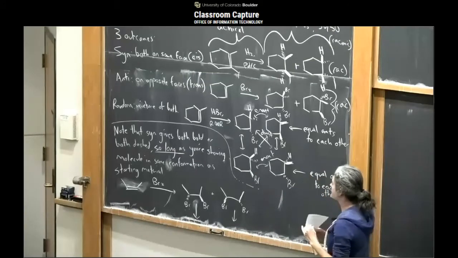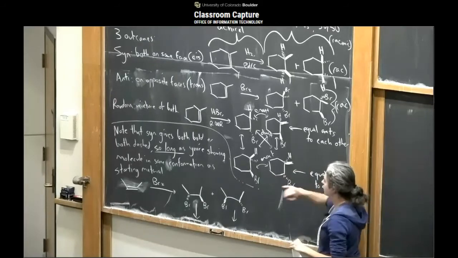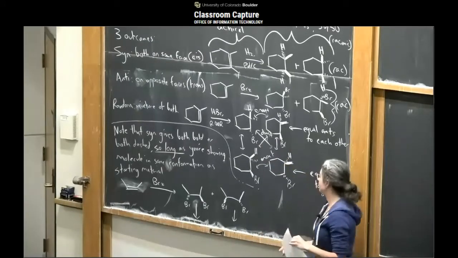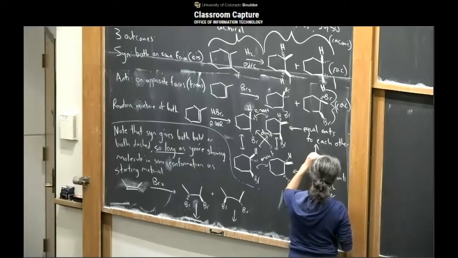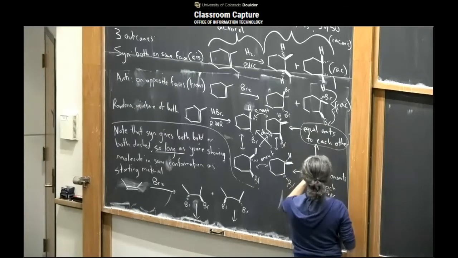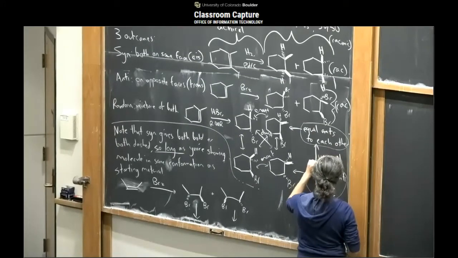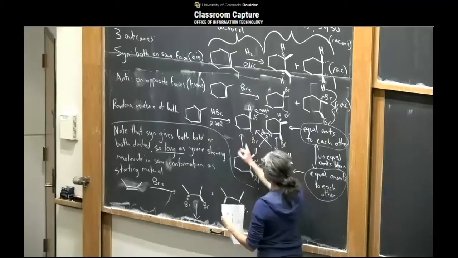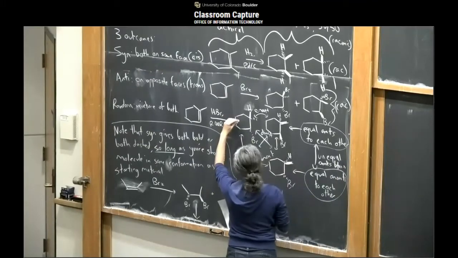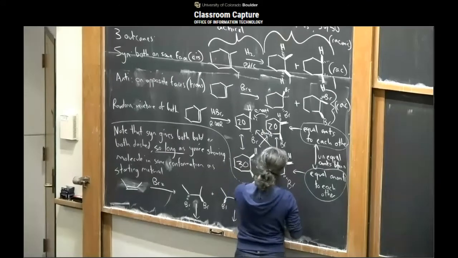But for any other relationship between them, we don't know how it's going to look. They're diastereomers, so they're probably going to get produced in unequal amounts. So equal amounts to each other, unequal amounts between pairs. Just to throw some numbers on here, maybe you'd get 20, 20, 30, and 30, for example.